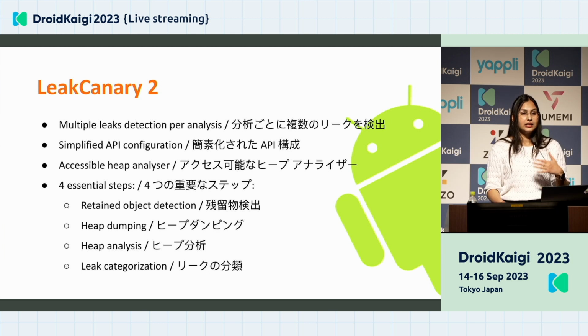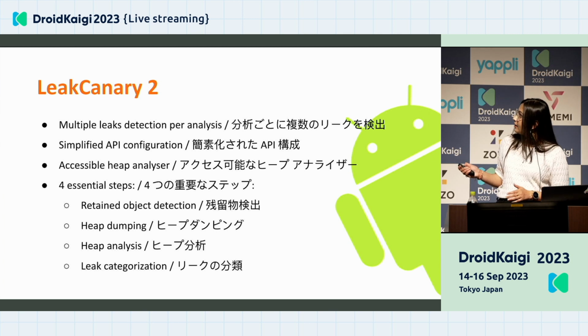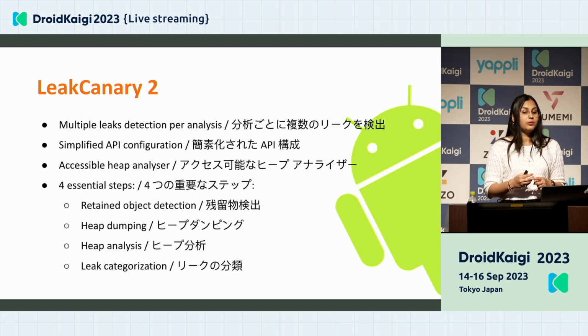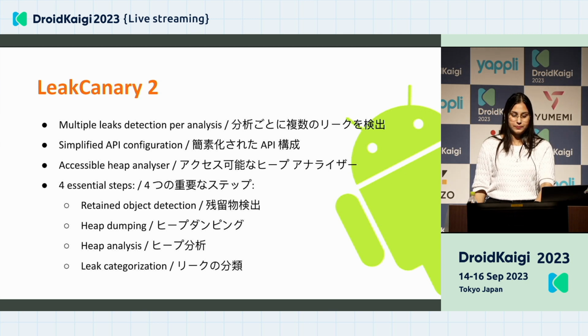Not only that, it's going to generate leak reports for you, exclusive for each session of your app. So once you add LeakCanary to your app, it will do 4 tasks for you. First is retained object detection, then heap dumping, heap analysis, and leak categorization. Let's just see a bit of detail around this.